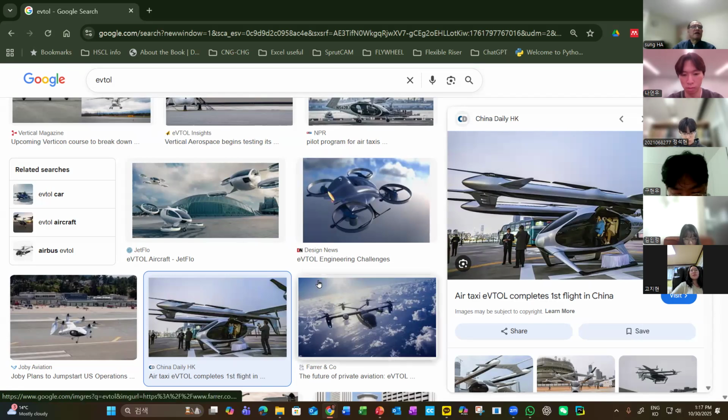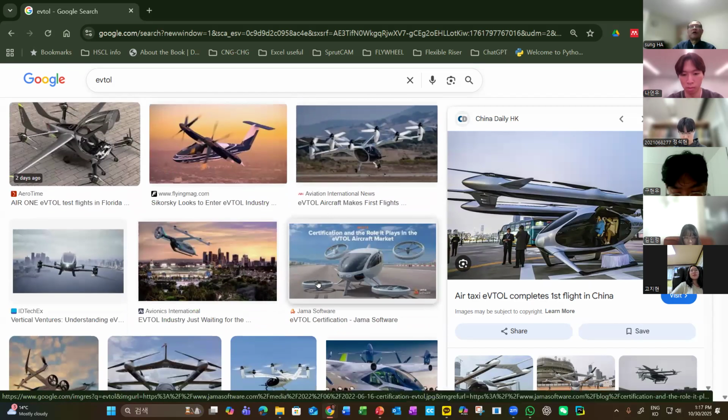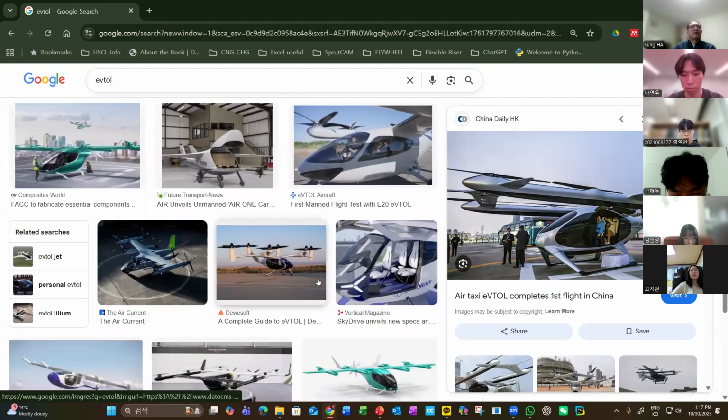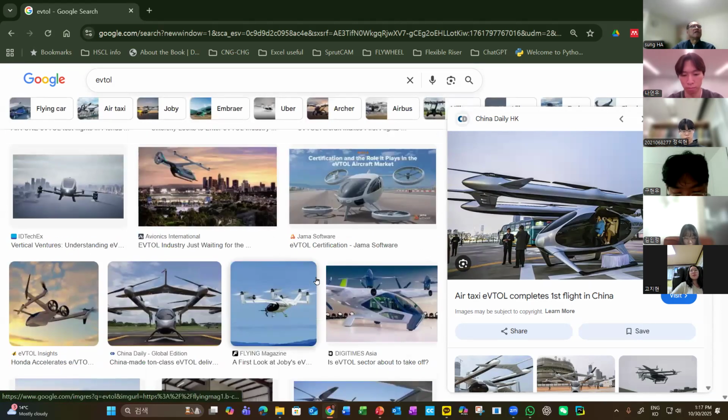This is a flying car, and even in Korea, there will be a service from Seoul to Incheon Airport. You will get there very quickly, on the order of 10 to 20 minutes. We can save a lot of time and it is very convenient.